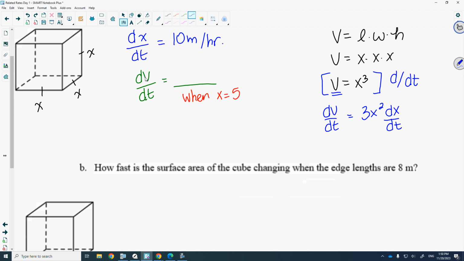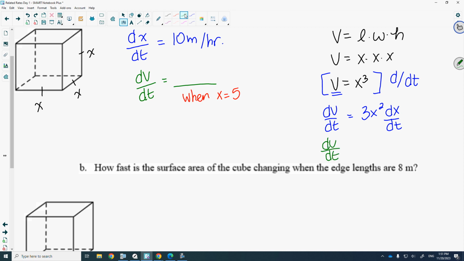Now we say, what are we solving? We're solving for dV/dt, which is right here. And they want to know, what's the rate of this cube changing, the volume, when x is 5? So now I can input that 5 for x, and I know what dx/dt is. dx/dt is 10.